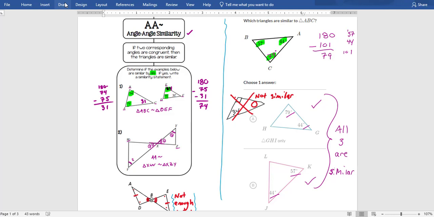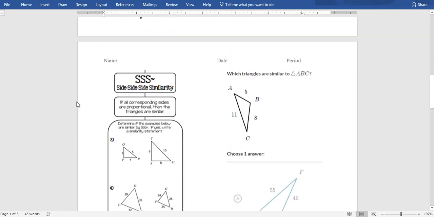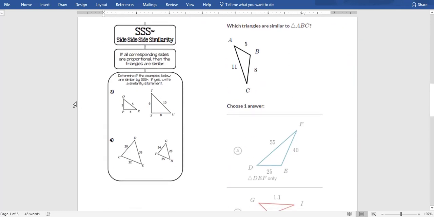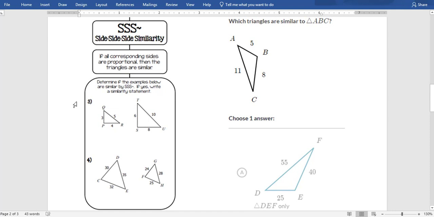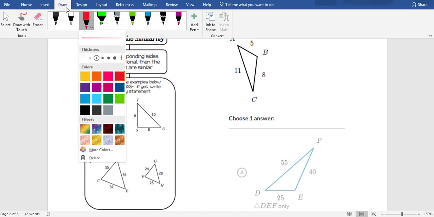All right. That's one way to prove triangles are similar, is angle, angle similarity. Let's check out one more way. This way is called side, side, side similarity. And in this case, we want to know that all the sides are proportional. The corresponding sides are proportional. And so notice, I'll just show you a couple quick examples here.